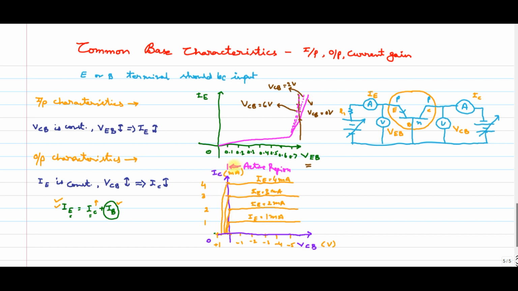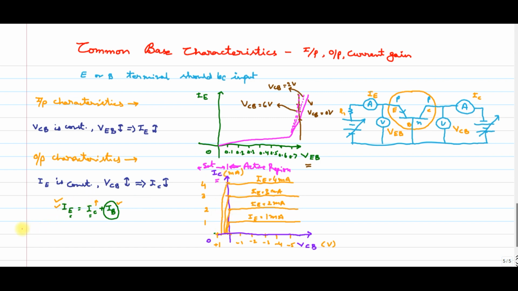And where we are providing forward bias to VCB, that is called the saturation region, and only in the saturation region will our IC come to 0.